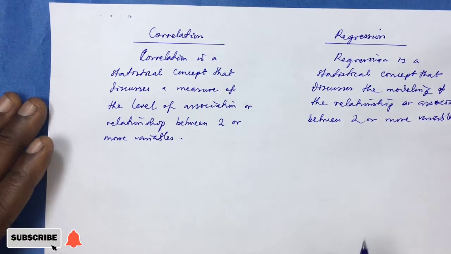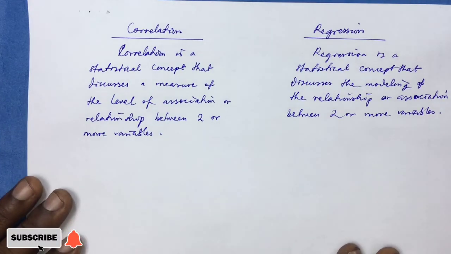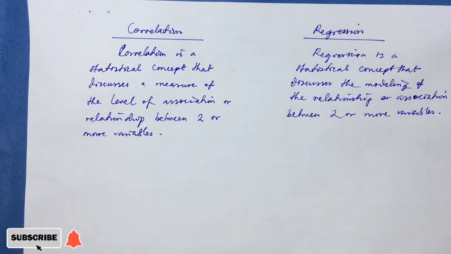So, whereas correlation talks about the level of association, a measure of the level of association between two or more variables, regression talks about the modeling.